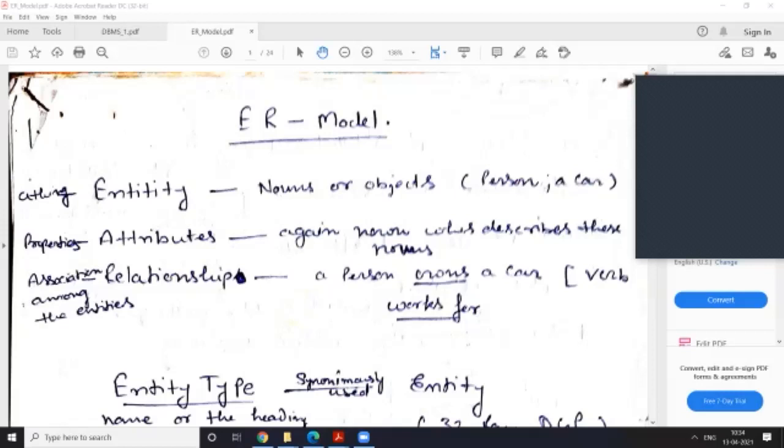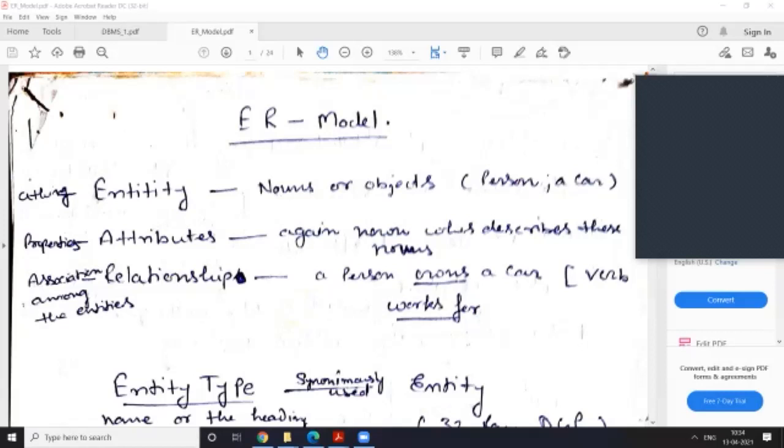The diagrammatic representation of that structure in terms of entities and relationships is known as the ER model. Now the second question is, sir, if there is a relational database and a network data model, then what is the use of this ER model?